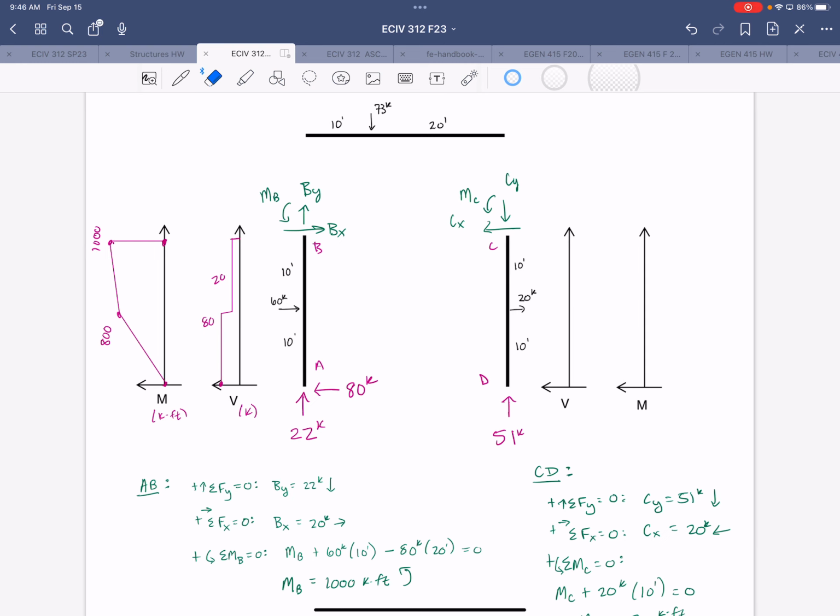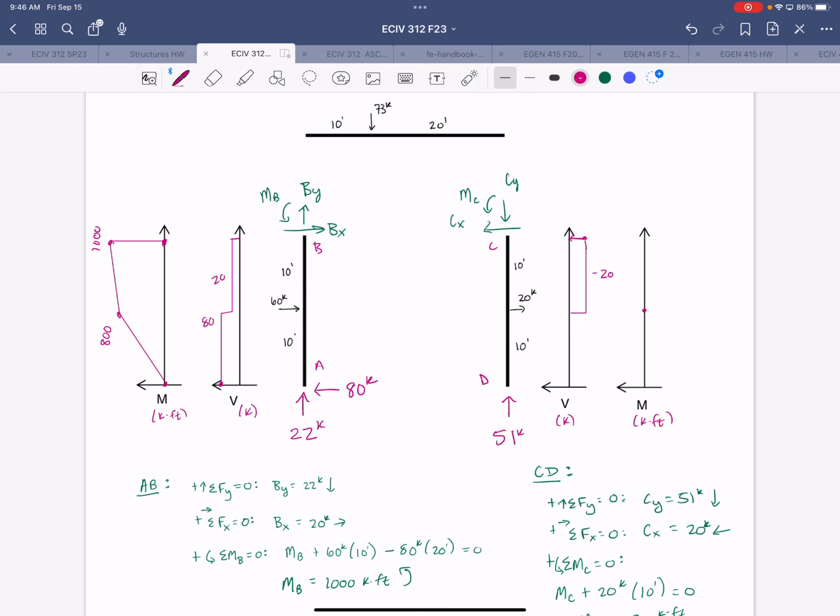So over here, we have nothing on our shear diagram until we get to that applied load, and then it will be constant until we get to C. All right, and then that force at C closes us to 0. Moment diagram, similar.